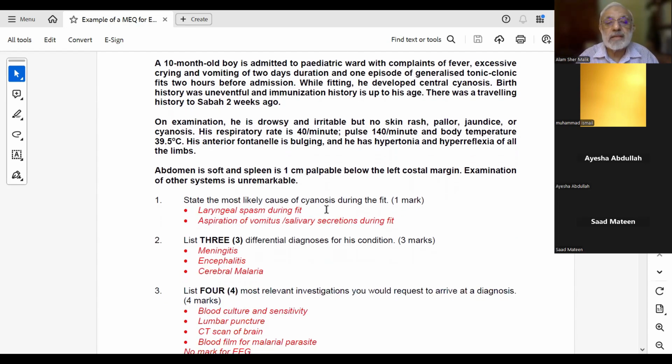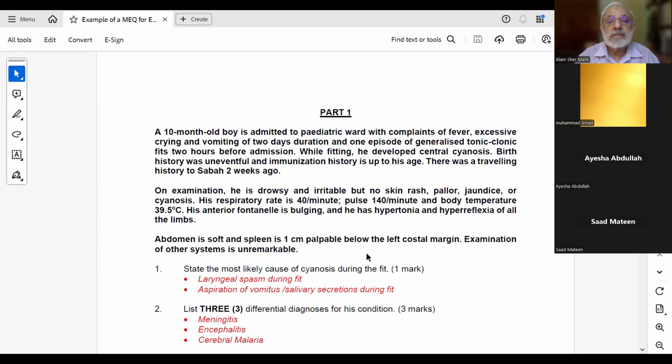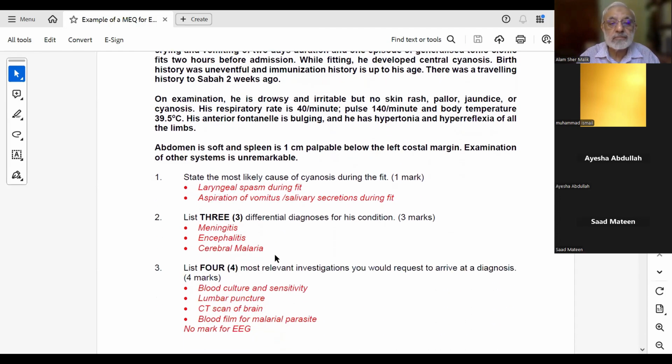State the most likely cause of cyanosis in the fit which developed in this patient. List 3 differential diagnoses for his condition, and list 4 relevant investigations you would request to arrive at a diagnosis. So this is part 1: scenario, physical findings given here, and then the questions asked.